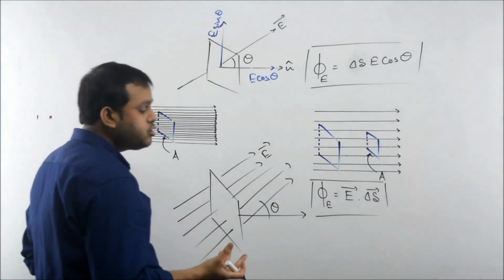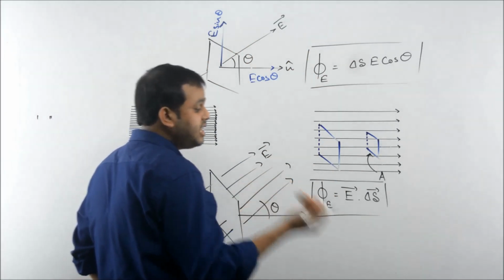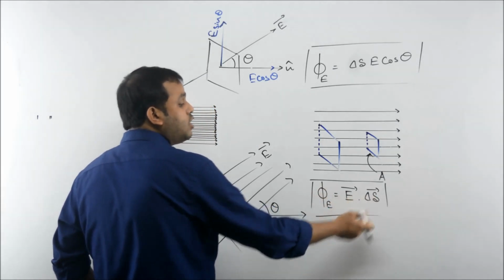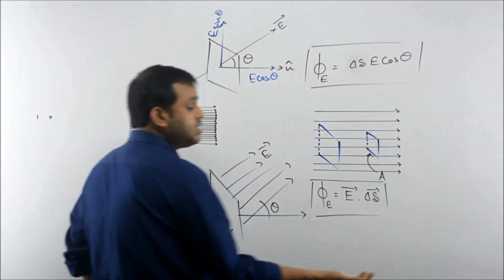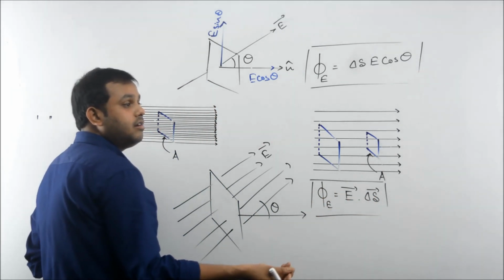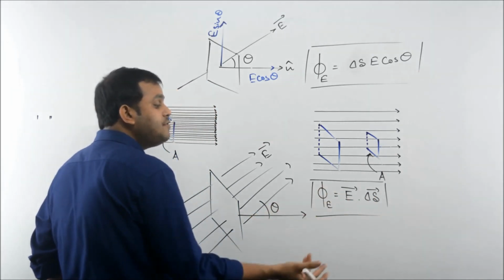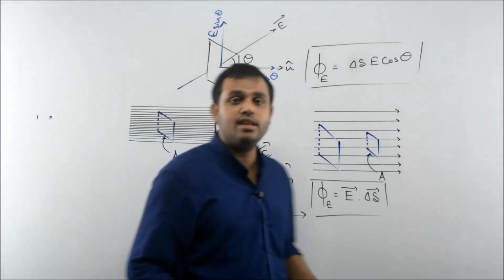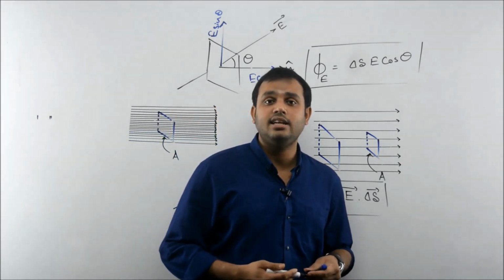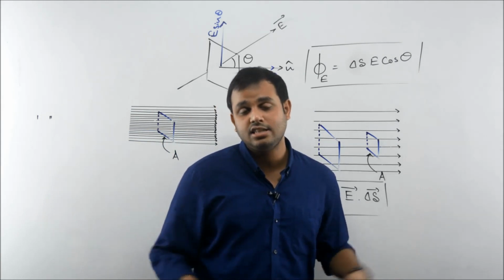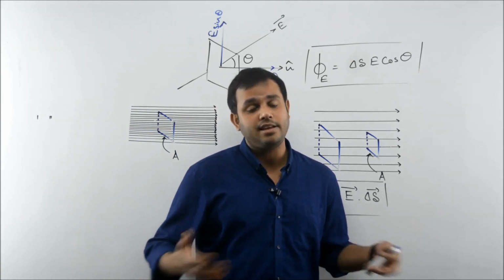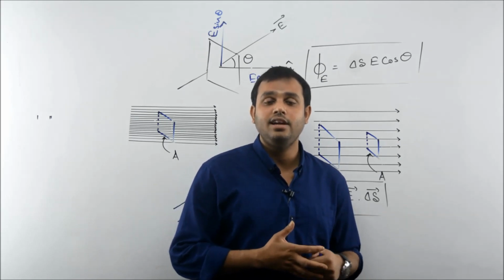And from here also you can say that electric flux is a scalar quantity because it is the dot product of two vectors, and we know that scalar product gives a scalar. From the definition only you can say that electric flux is a scalar. It is the amount of electric field lines passing through a given surface or piercing a given surface placed in a region of electric field.